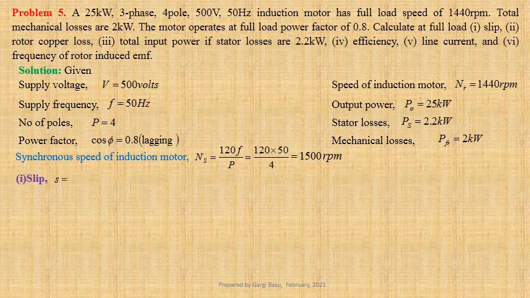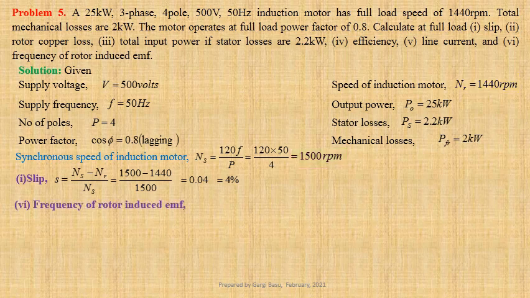Slip S equals Ns minus Nr divided by Ns, that is equal to 1500 minus 1440 divided by 1500, that gives us 0.04 or 4%. Frequency of rotor induced EMF Fr equals S times F, that is equal to 0.04 into 50, that gives us 2 Hz.